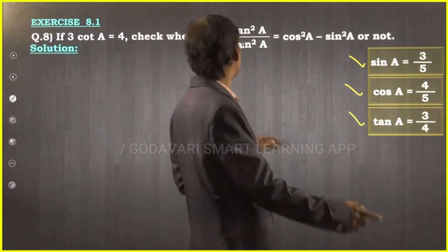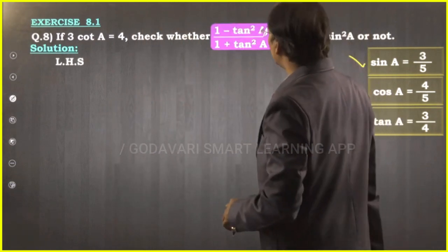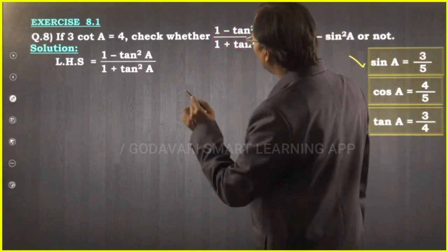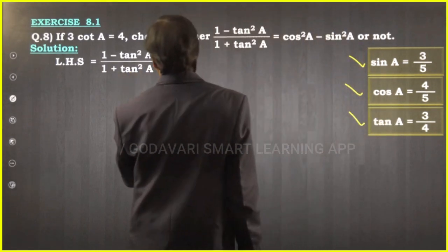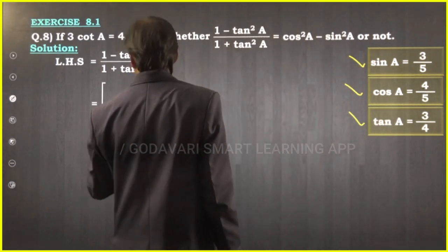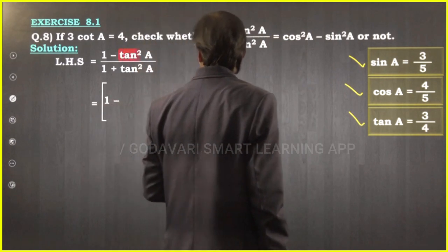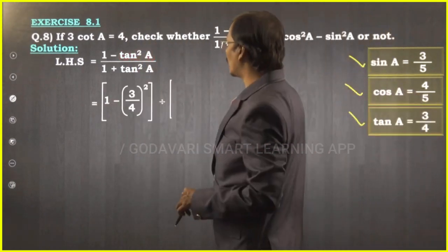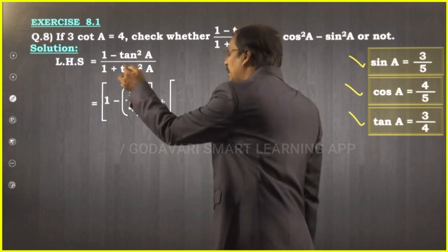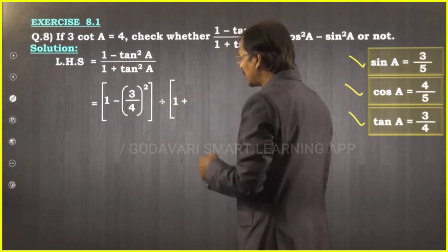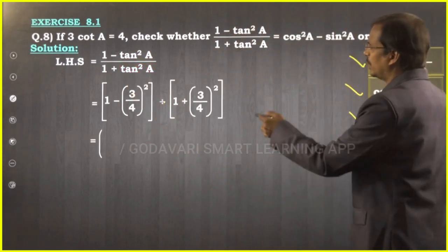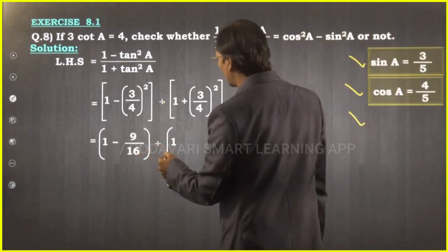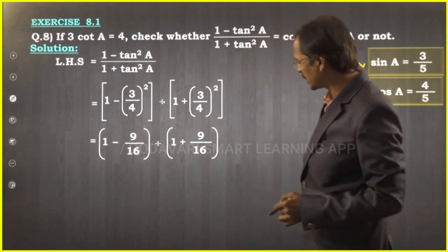Now we have to check. Completely take the LHS. LHS is 1 minus tan square A by 1 plus tan square A. Tan A is equal to 3 by 4. Therefore 1 minus 3 by 4 whole square divided by 1 plus 3 by 4 whole square. Now we have to simplify. 1 minus 9 by 16 divided by 1 plus 9 by 16.